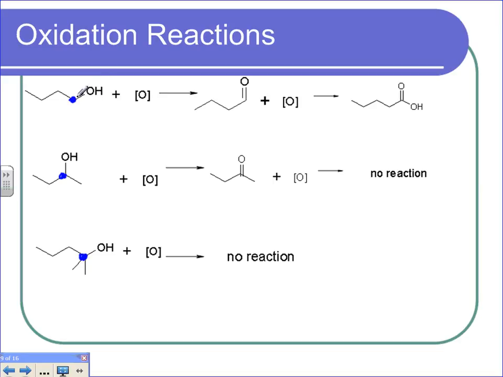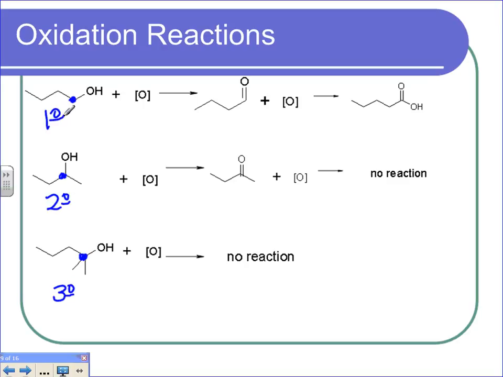So this one is monosubstituted, so this is a primary alcohol. This alcohol is disubstituted, so it's a secondary alcohol, and this alcohol is tertiary substituted. There are 3 other carbons attached to this particular carbon, so we say that it's tertiary.